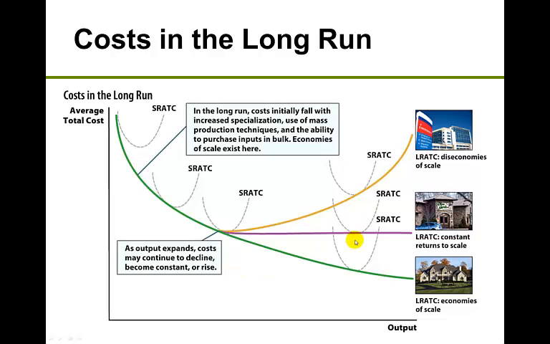So what this leads to are long run average cost curves that start for low levels of output looking like this green line here, and then as output expands, well, we could either continually have decreasing returns to scale, in which case the long run average total cost curve will decrease. We could have constant returns to scale. They could be constant here, or we could have increasing returns to scale.